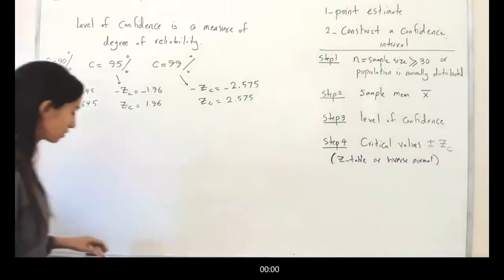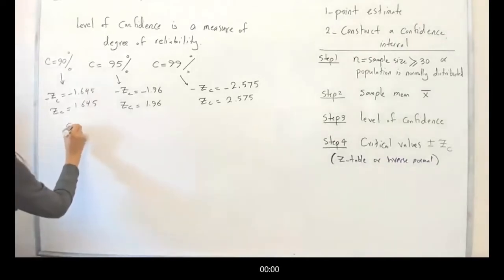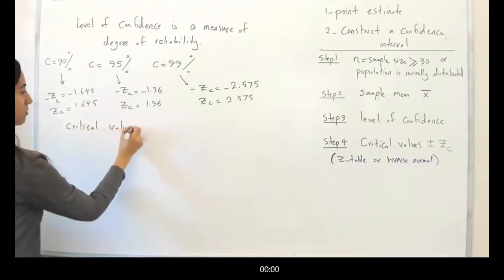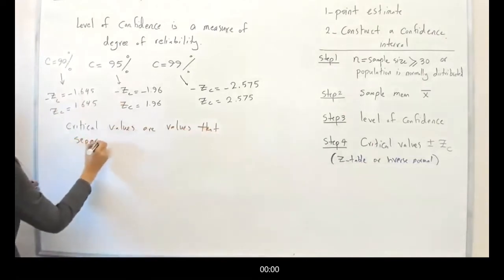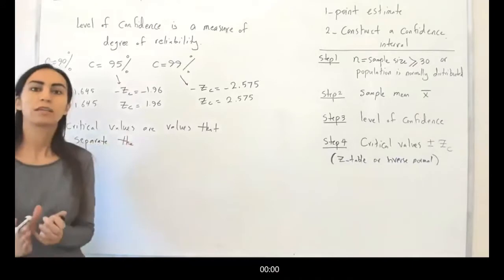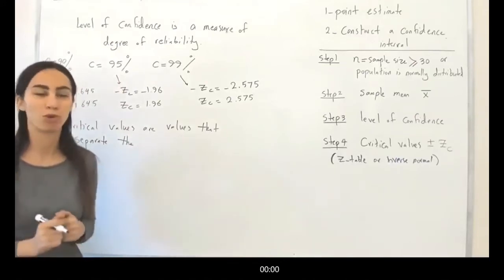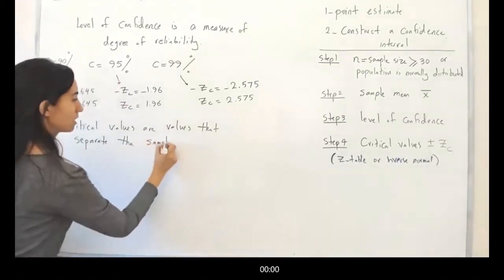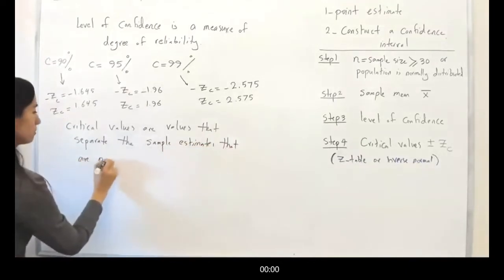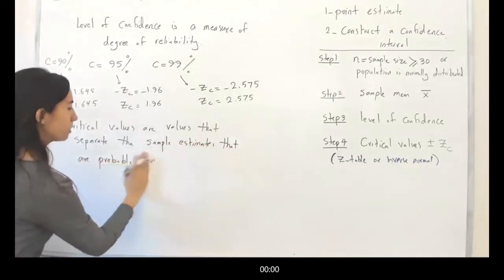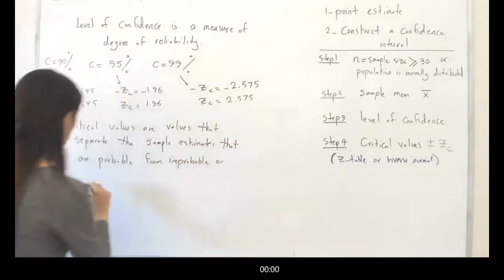So what are critical values? Critical values are values that separate the sample estimates that are probable from improbable or unusual ones.